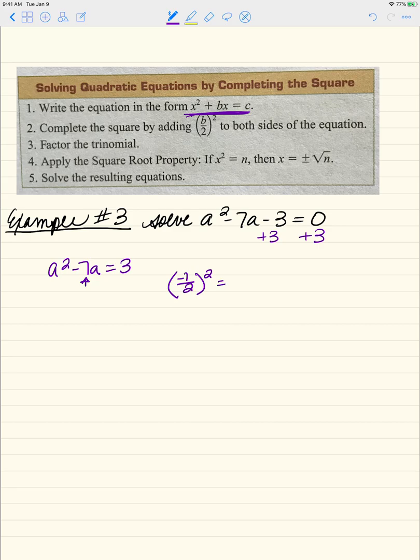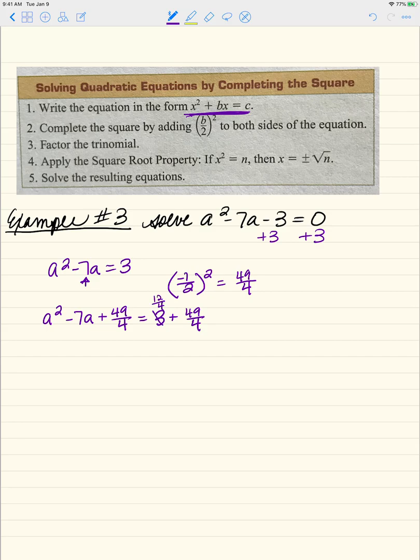is 49 over 4. So I have a squared minus 7a plus 49 over 4 to complete the square on the left is equal to 3, and I have to add 49 over 4 to the right-hand side to keep my equation balanced, okay? 3 as a fraction with 4 in the denominator is 12 over 4.